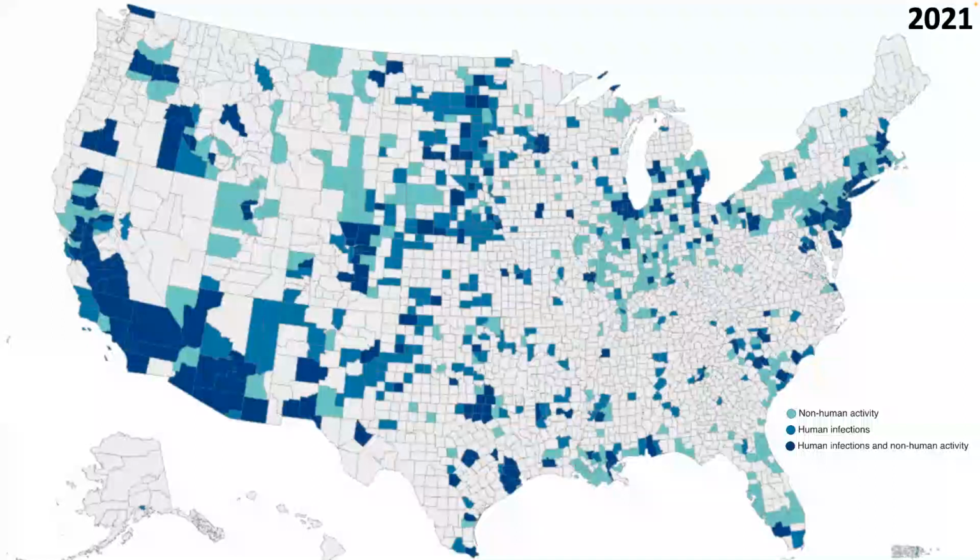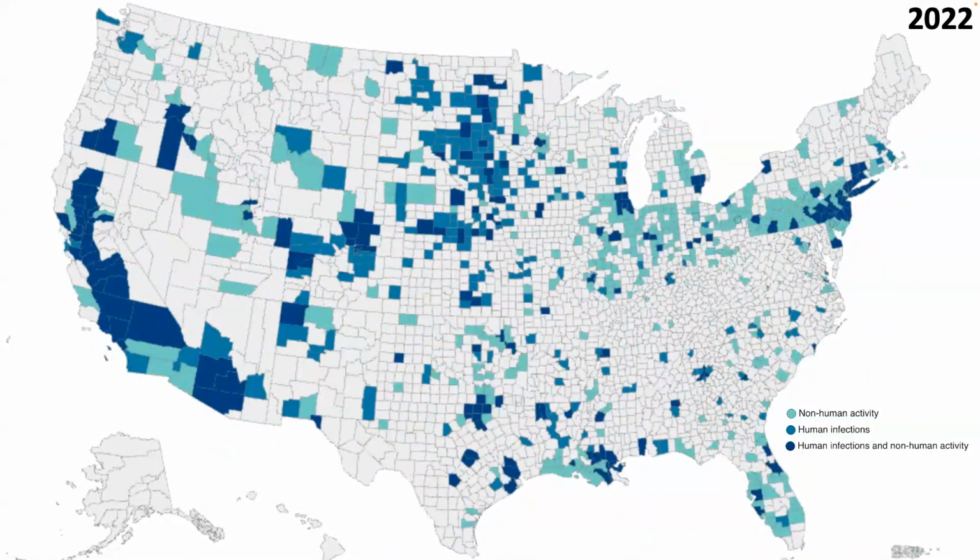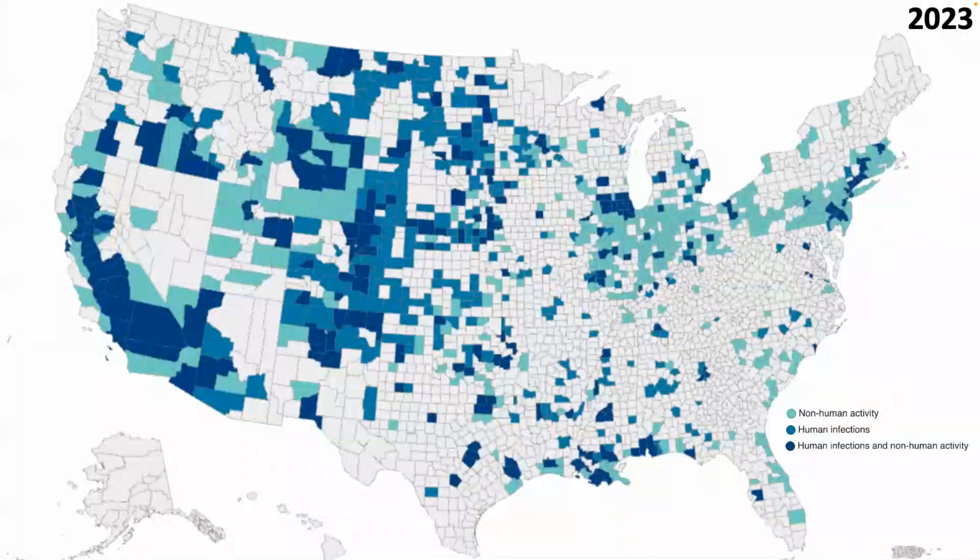I want to point out this year in particular for Maricopa County, because this was the largest year on record for any county in U.S. history. Maricopa County had the highest number of cases in U.S. history in 2021. And we continue and progress into 2023, where we have our current data.